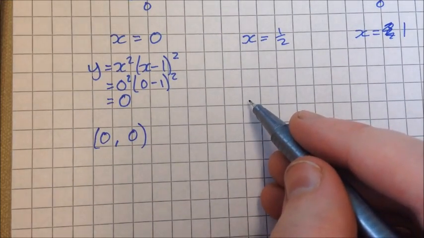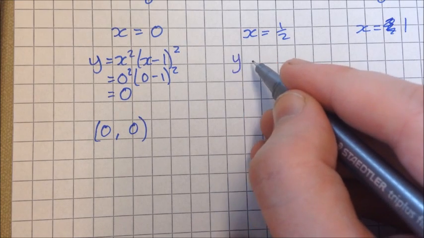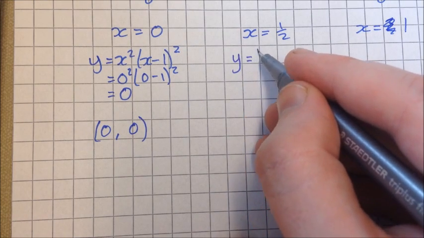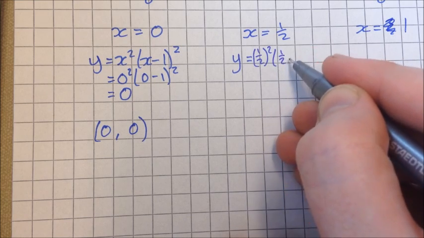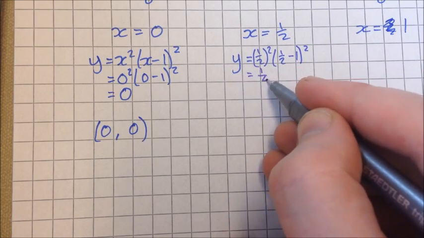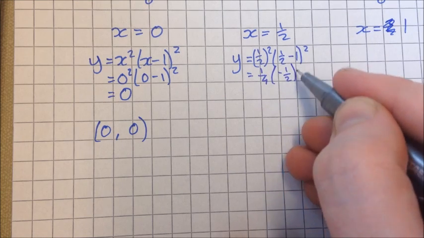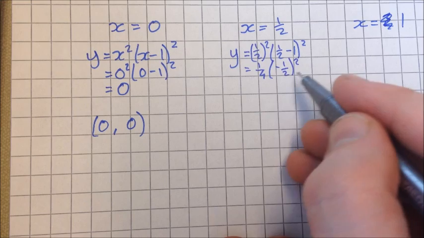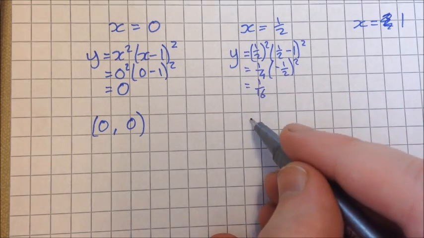Another solution is going to be a half, so y equals a half squared, a half take away 1 squared, so that's a quarter. Half take away 1 is negative a half. Negative half squared is a quarter as well, so it's a quarter times a quarter, which is the 16th.